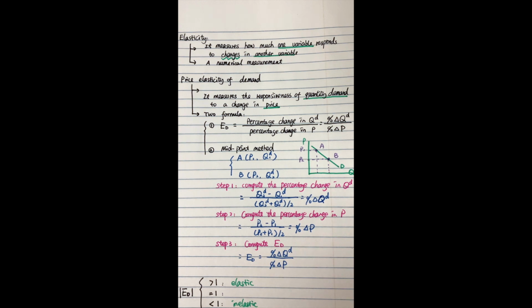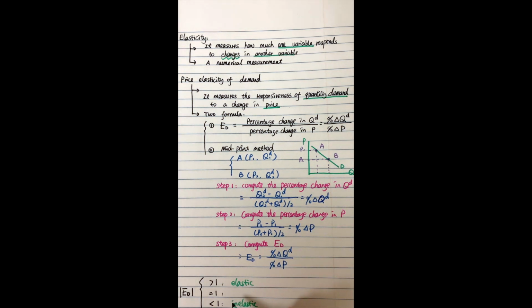Even if the gas price increases, we still need to fuel our cars, right? So consumers are not so sensitive to the price change of gas because for gasoline, there are no close substitutes, okay?